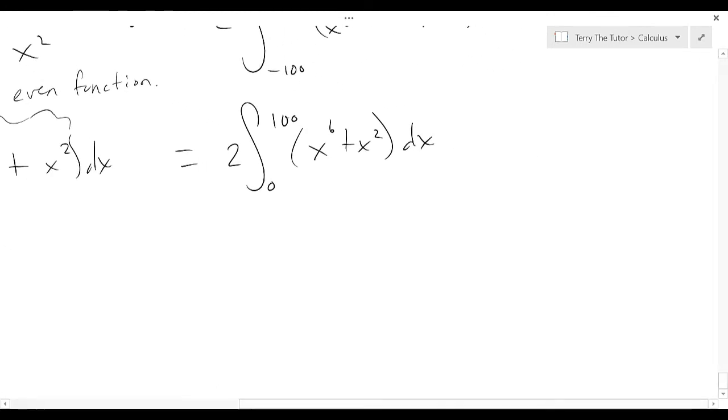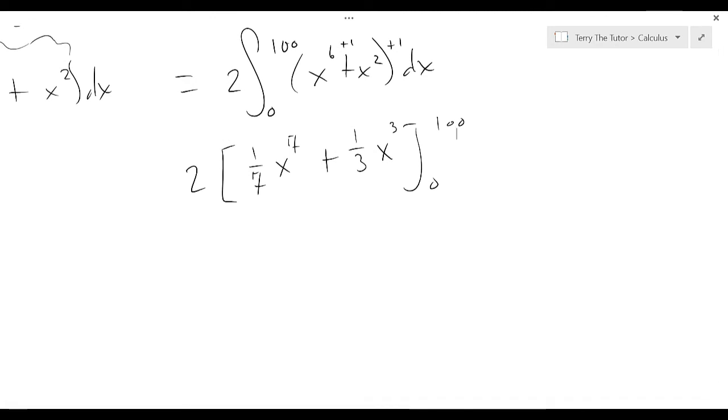And let's integrate. So I'm going to add 1. So I've got 2, and it's no longer an integral. 2 times 1 over 7 times x to the 7th plus 1 over 3 times x to the 3rd from 0 to 100. So let's go ahead and plug in 100.